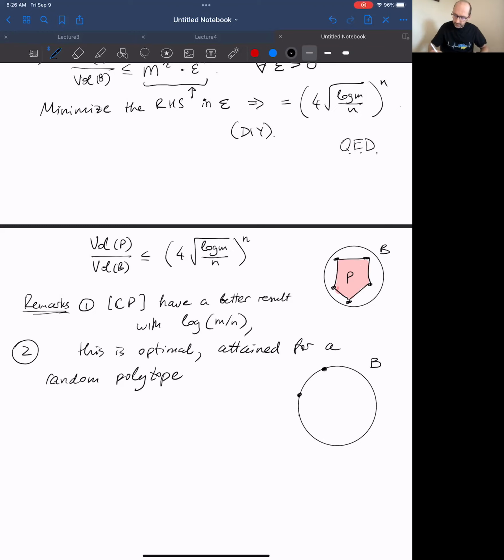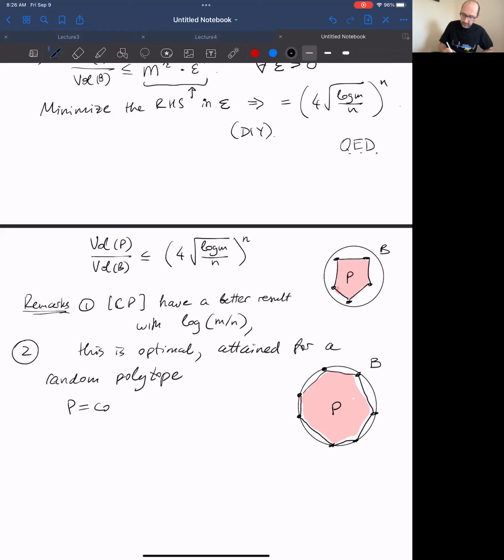Let's say you do this on the sphere randomly, independently, uniformly, and then you take their convex hull. The convex hull is called the random polytope. Here we go. That thing is P.